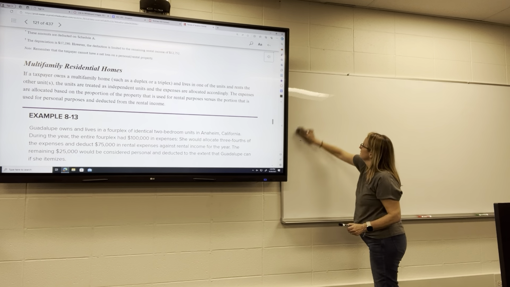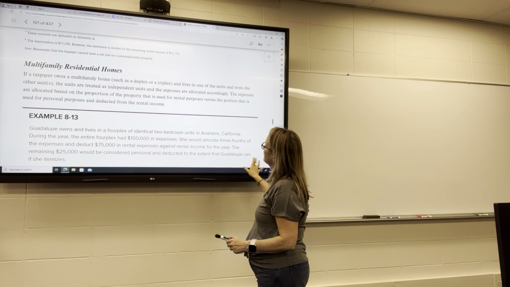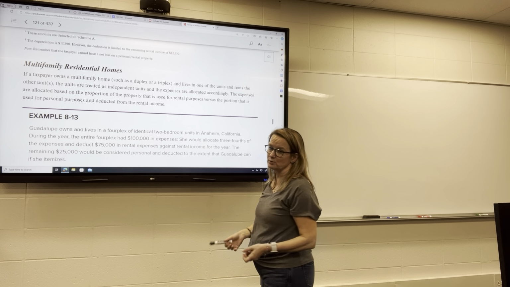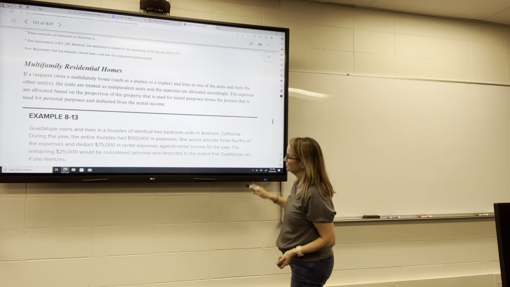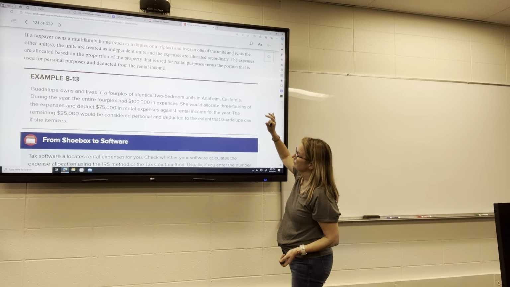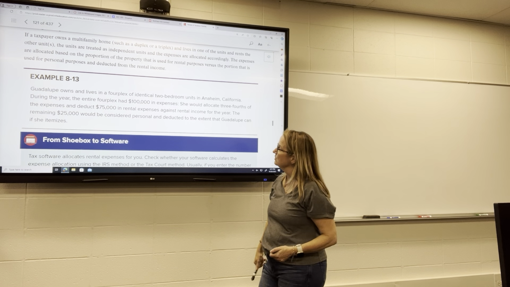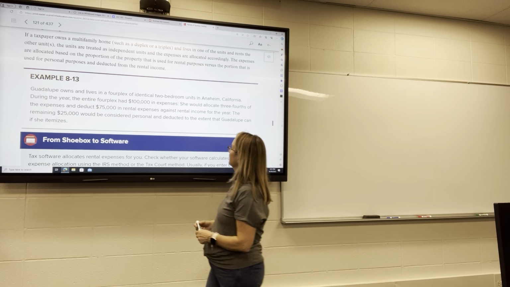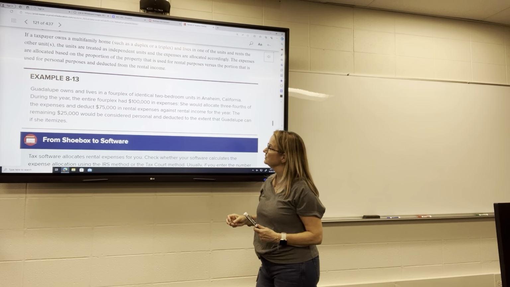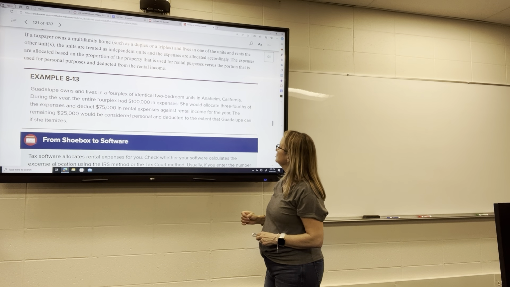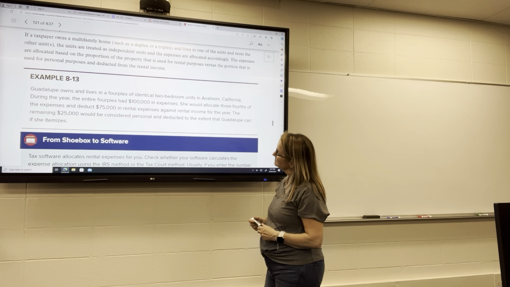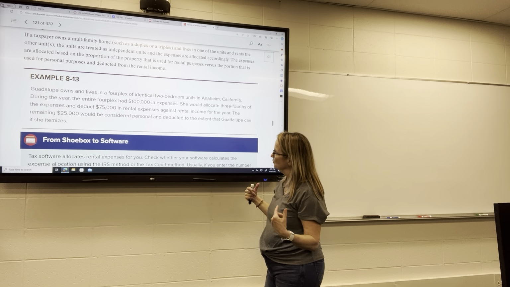So multifamily residential homes, we have to allocate based on square footage, just like we did with the home office deduction. Here's an example. Guadalupe owns and lives in a fourplex, identical 2-bedroom units in Anaheim, California. The entire fourplex had $100,000 in expenses. She's going to allocate 3/4 of the expenses, so I'm assuming she lives in 1/4 of it.